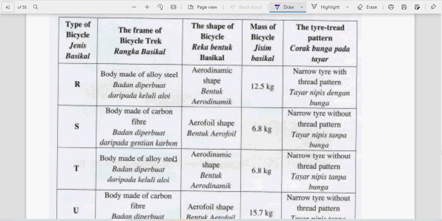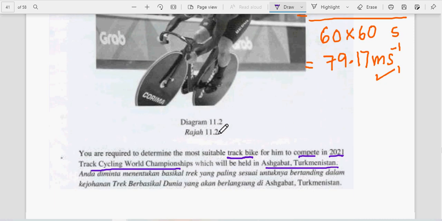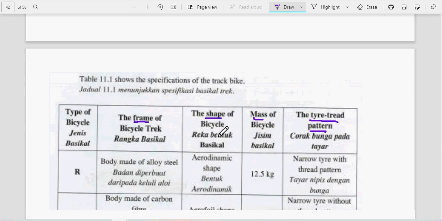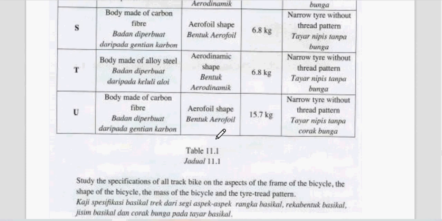We have the frame of the track bike, shape of the bicycle, mass of the bicycle, and the tire tread pattern. If you need to visualize, they already give you a diagram, so this can help you. You can see that the tire is quite thin, and it actually has no pattern, without tread pattern.